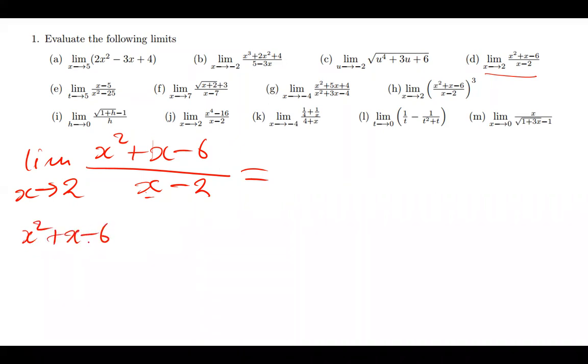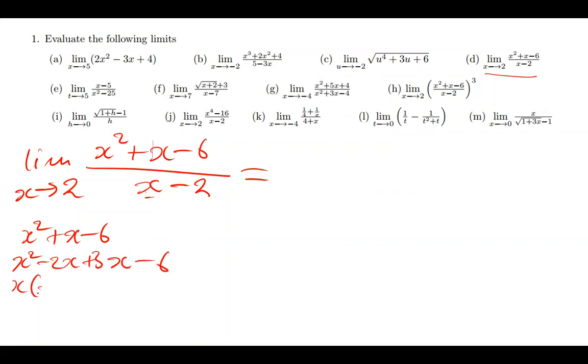So we find the factors. The product there is -6 and the sum is 1. So 2 numbers that we can add to get 1 and multiply to get -6 are simply -2 and 3. So we're going to replace them there. So we have -2x plus 3x minus 6.